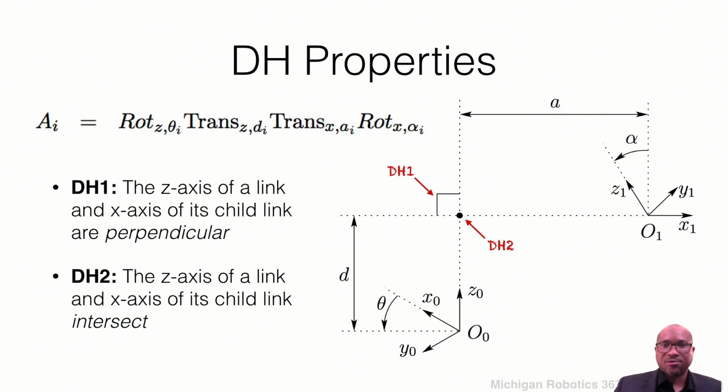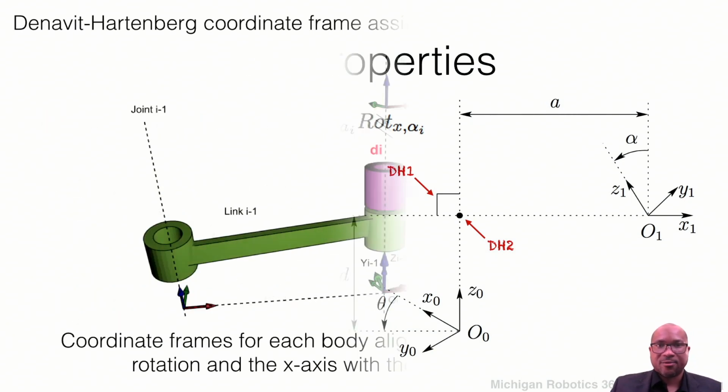These 2 properties are what must hold in order for DH to work. If you work through each of these steps, going from frame 1 into frame 0, you can manually go through each of these and see how they hold. I find that this picture from the Spong book was really helpful for me to understand Denavit-Hartenberg.